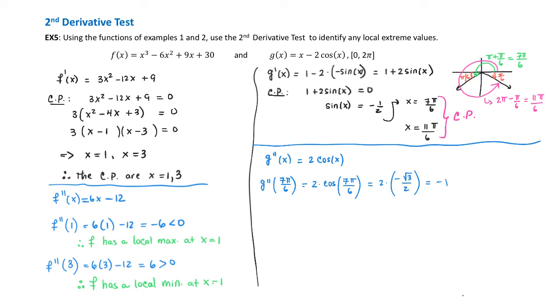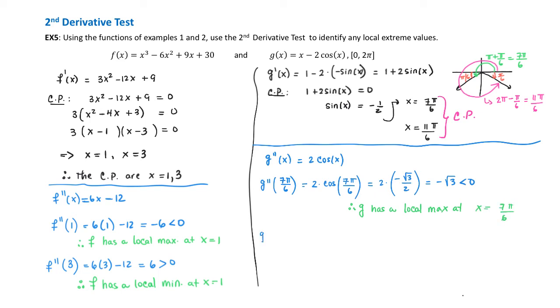That's going to be negative square root of 3. And this is less than 0. So what is my conclusion here? That g has a local maximum at x equals 7 pi over 6.